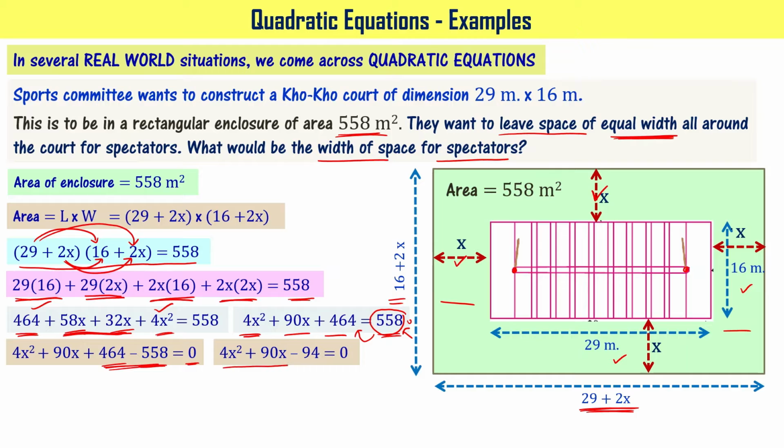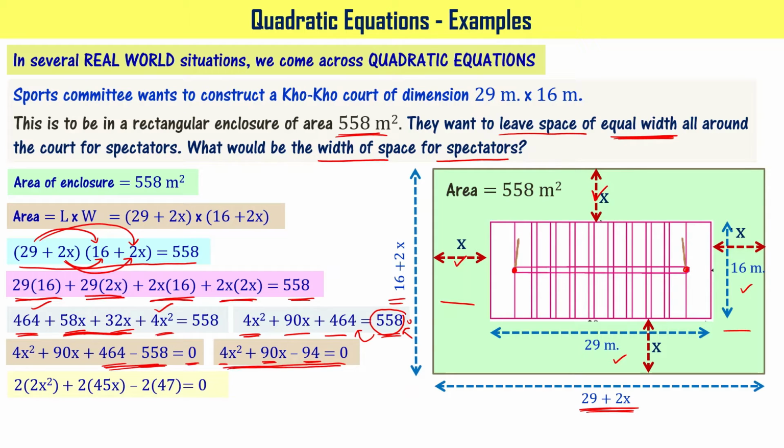Look at this. This is in the form of ax square plus bx plus c equal to 0, right? But when you look at the equation, you can say that this is 2 times 2, this is 45 times 2, and this is 47 times 2, right? Let me write that. 2 times 2x square plus 2 times 45x minus 2 times 47 equal to 0.